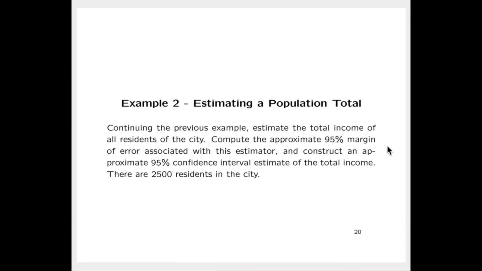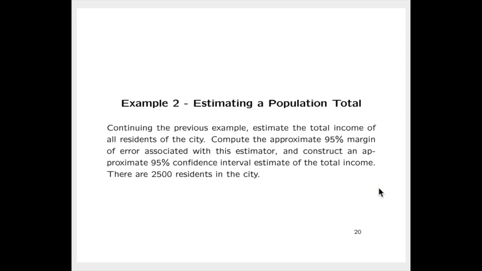Continuing the previous example, estimate the total income of all residents in the city, compute the approximate 95% margin of error associated with this estimator, and construct an approximate 95% confidence interval estimate of the total income. Now suppose that it's known that there are 2,500 residents in the city.